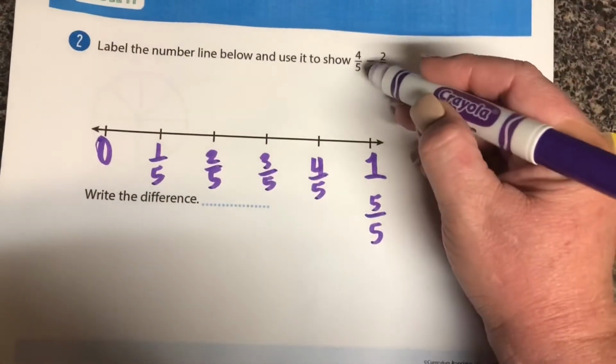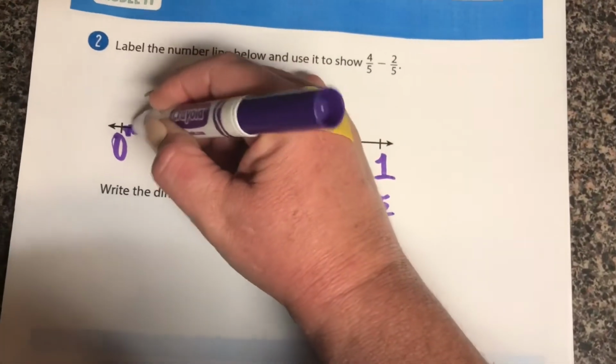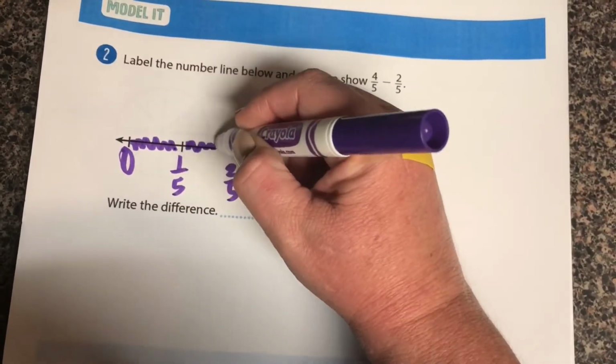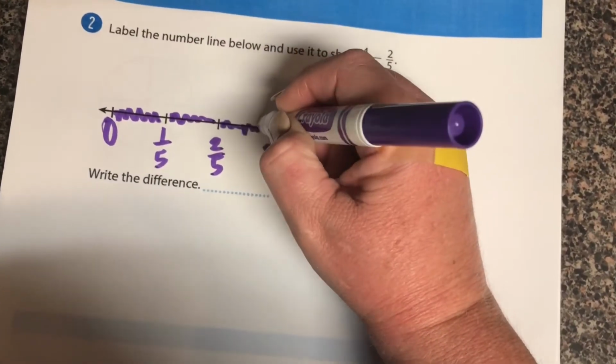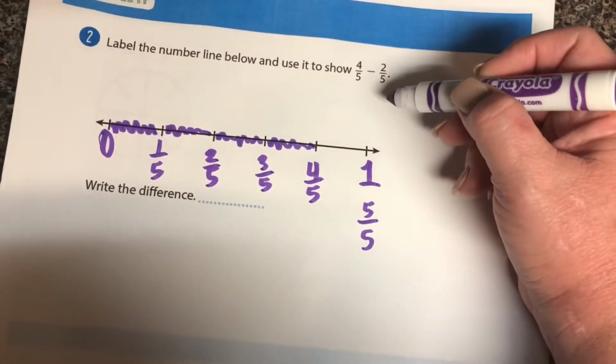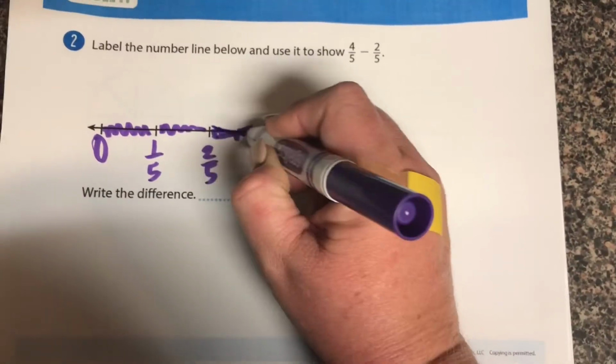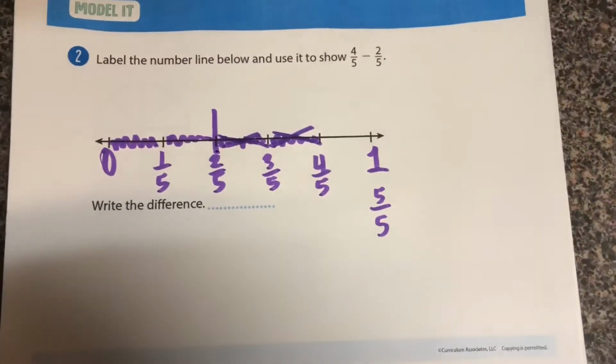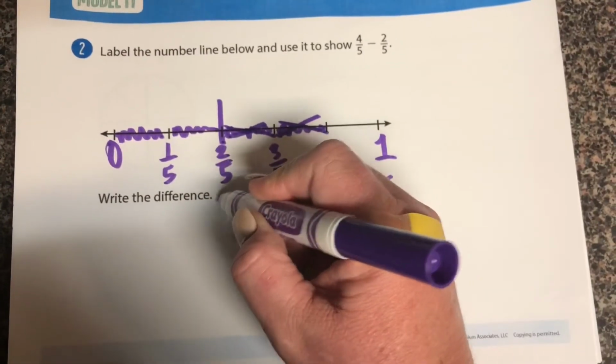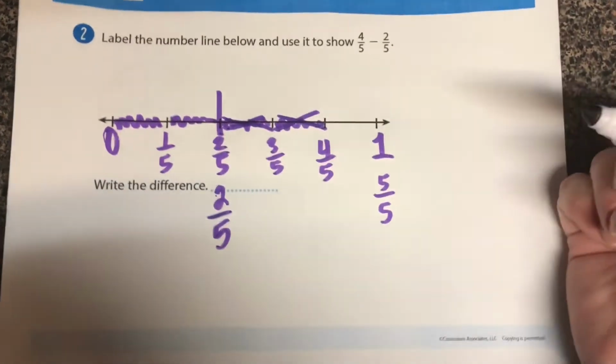And I'll model 4/5. But since I'm subtracting, I'll take away 2/5. Now that backs me down to right here, and that will be my difference, my answer, 2/5.